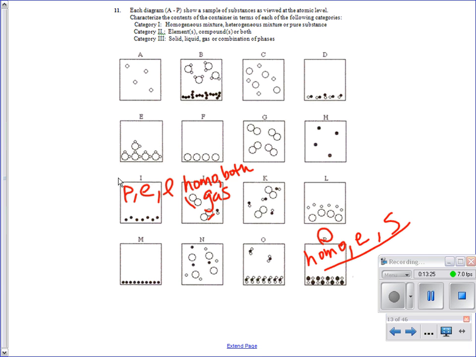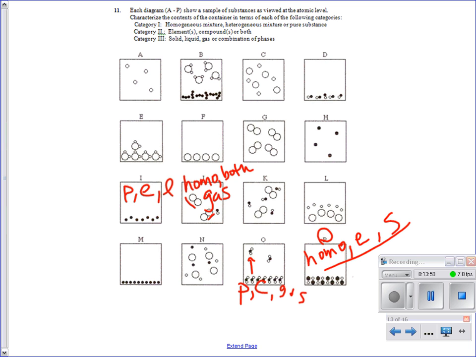O is interesting. Pure or a mixture? Pure. It's totally pure. Element, compound, or both? Compound. What phase or multiple phases? Gas and solid. How did this happen, solid to gas? Could be dry ice. What's the substance of dry ice? Carbon.